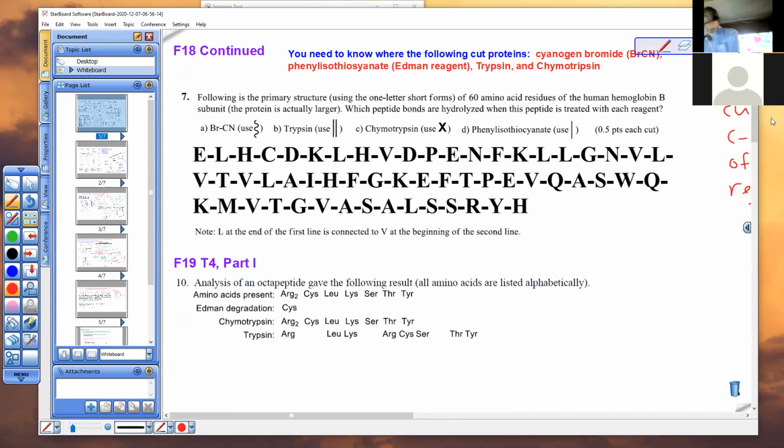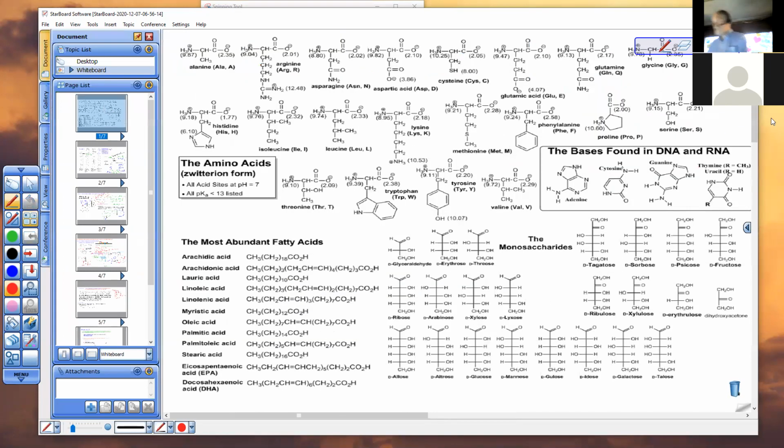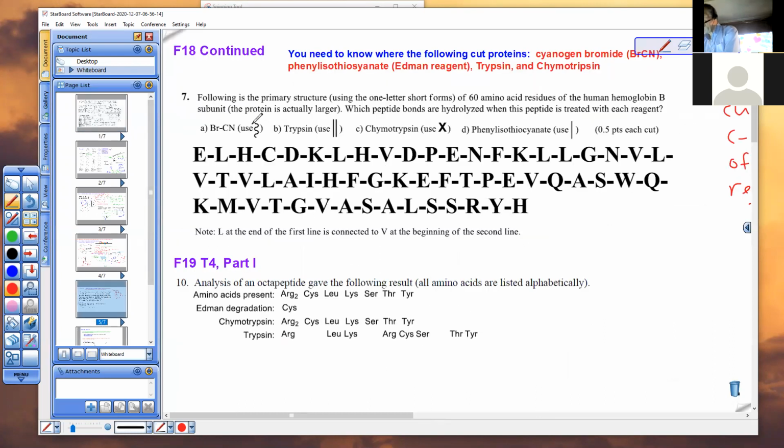Methionine. You'd think it would be an M. It doesn't have to be. M is methionine. So we're going to look for all the M's and put a cut on the right side with the right symbols that were asked for in the question. So methionine, we're going to use a squiggle on the right side of every M. Do we have any M's?